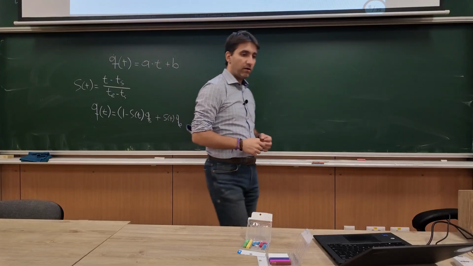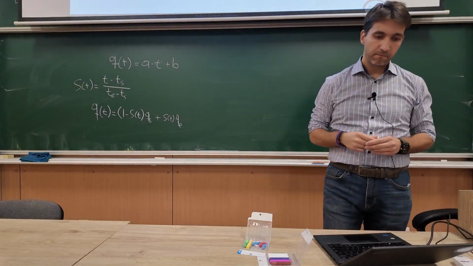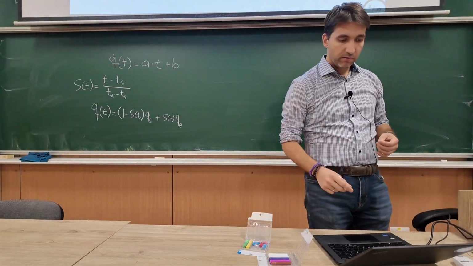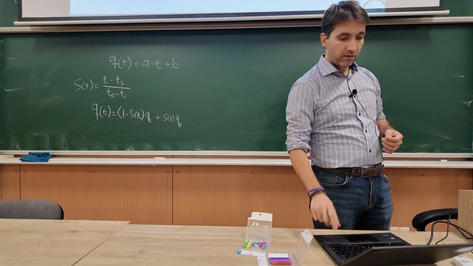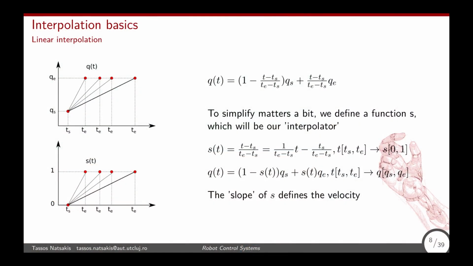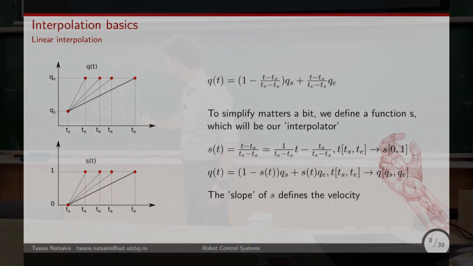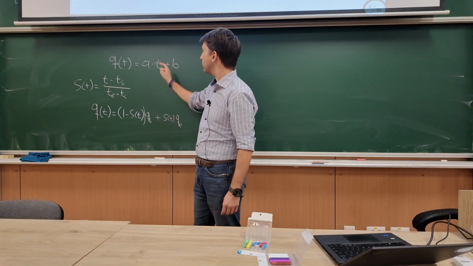Now, I can change the slope, because this is basically a line equation written a bit differently. I forgot to write it here, so it's in this form.